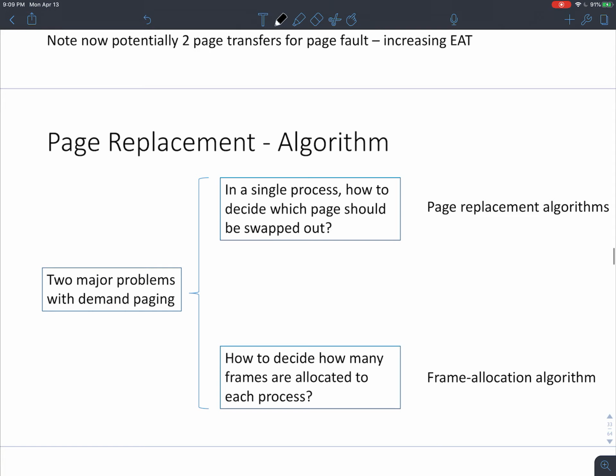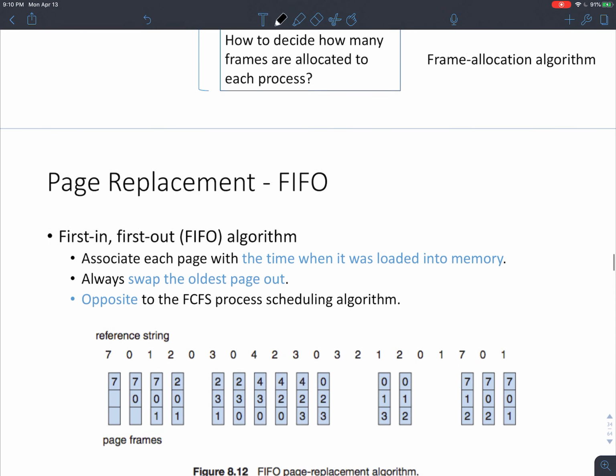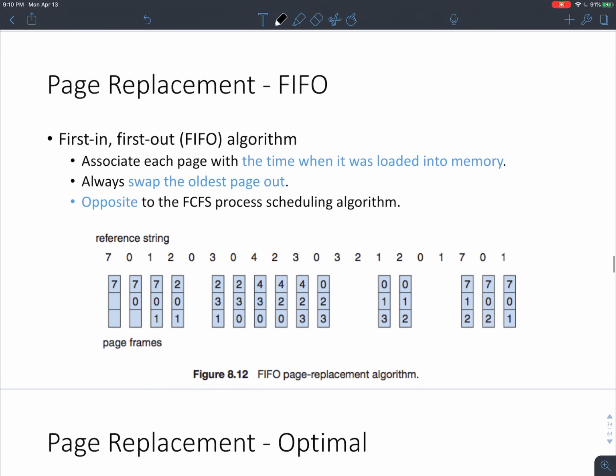Among these two algorithms, the page replacement algorithm is relatively more important. Let me talk about the first page replacement algorithm.